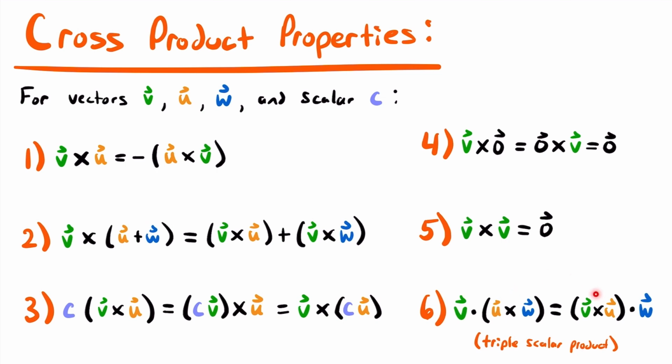But just know that there are two different ways to do a triple scalar product, which is highlighted by this property here. Notice that the order here didn't change. We still have vector v, vector u, vector w. We just switched the position of those operations, but we're still performing the cross product first, because that will give you a vector that you can then multiply by another vector via the dot product to get a scalar. So I hope that makes sense.